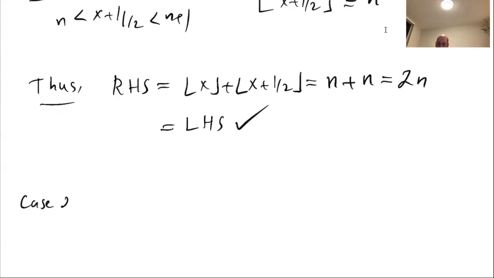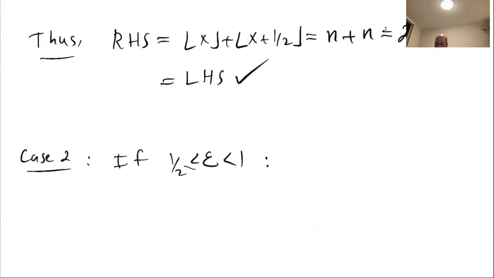So if epsilon is bigger than or equal to 1/2 and less than 1, then what can I say about 2x? So remember x was n plus epsilon. So that means x is bigger than or equal to n plus 1/2 and less than n plus 1, right?